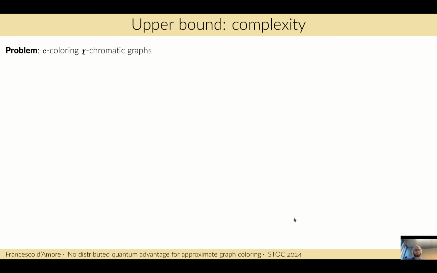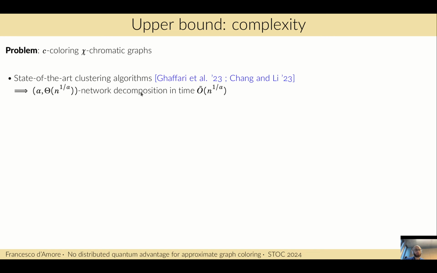Now let's talk about the complexity of the upper bound in general for C-coloring chi-chromatic graphs. What we do is we improve slightly the state-of-the-art clustering algorithms to get a network decomposition that works for alpha fixed and the diameter, where the diameter is roughly n to the power of 1 over alpha, in time n to the power of 1 over alpha times some polylog.